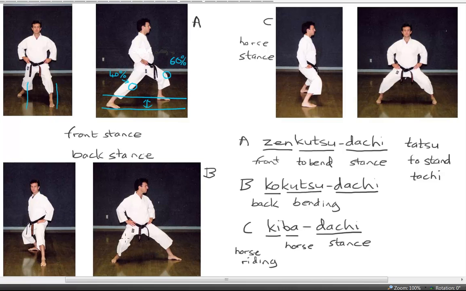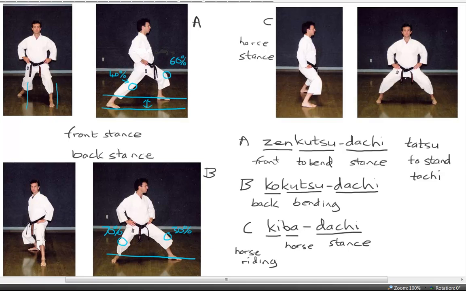Now if we go to the back stance, the back knee is carrying the majority of the weight, in this case about 70%. These are just guidelines, it's not exact. The front knee would be carrying around 30% of the weight. In this case, the stance is in a straight line with the feet, so the inside of the front foot is in line with the heel of the back foot.